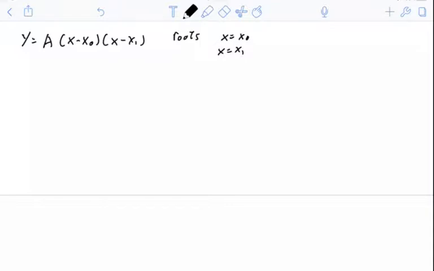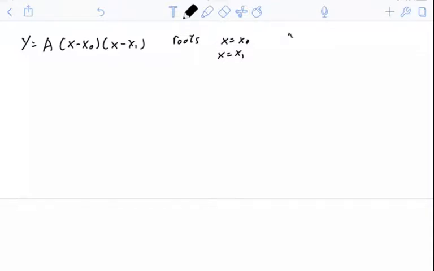So for instance, y is equal to 6 times (x minus 3)(x plus 5). You know the roots are 3 and minus 5.